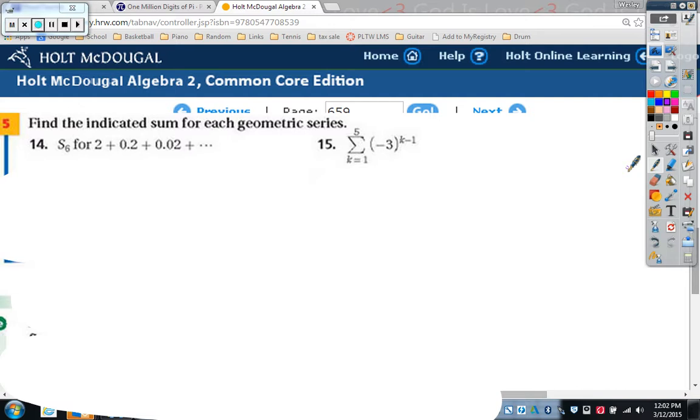Alright, so for number 14 you should have seen that the r, since it's just changing by a decimal place, is 1 over 10 or 0.1. And after you plug into the formula, you should get an answer that is 2 point and then 5 2s, so 2.2222.